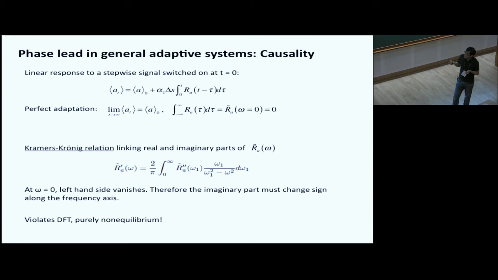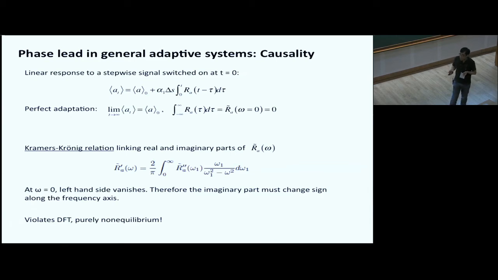And you look at this expression at omega equal to 0, so the left-hand side needs to vanish. This omega also enters the integrand, but when omega equal to 0, it disappears. So you have the imaginary component of the response function divided by omega, which is a positive number. So in order to get 0, this imaginary part of the response function must change sign at least once along the frequency axis.